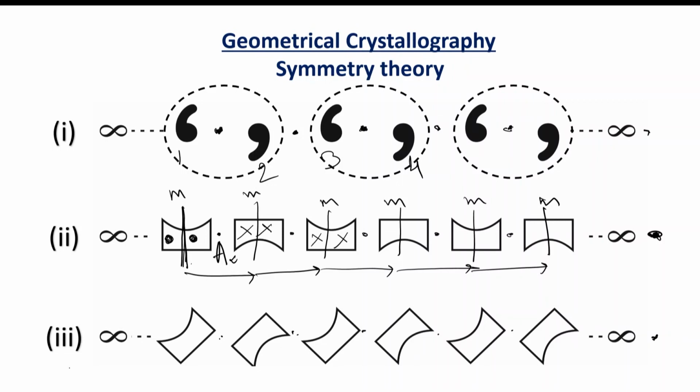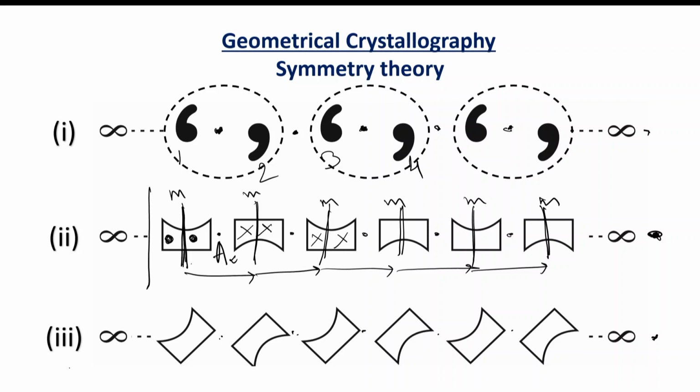You can't have a mirror plane that is related with the other mirror plane with some other translation, or some other angular or linear parameters. So if these are your mirror planes, they have to be placed at equidistance. Even if I think of a mirror plane which is occurring just outside the chain, I can again repeat the whole chain with the help of this mirror plane.